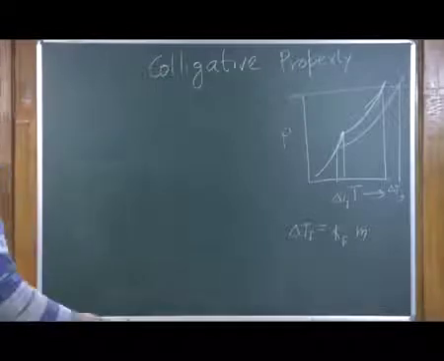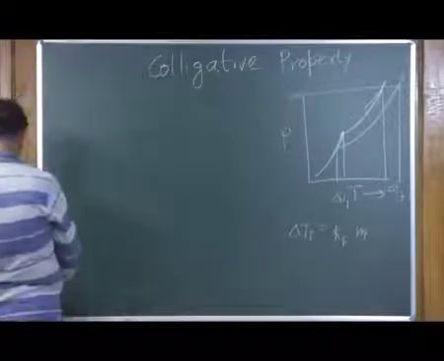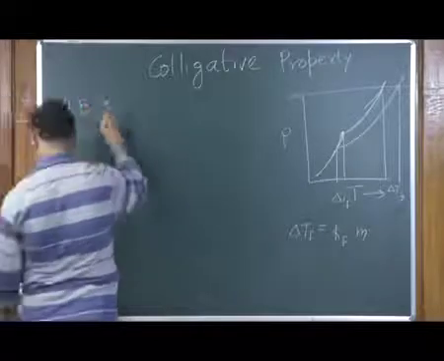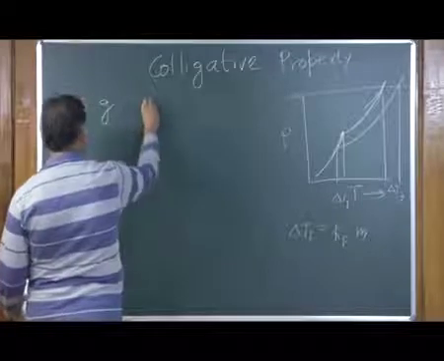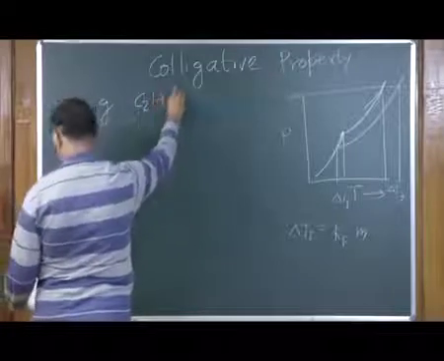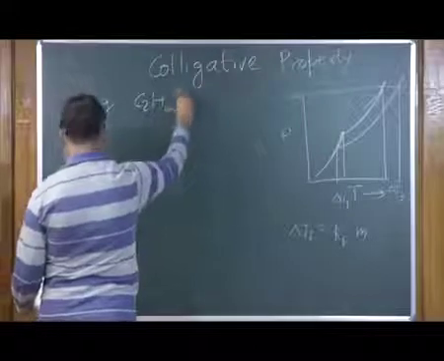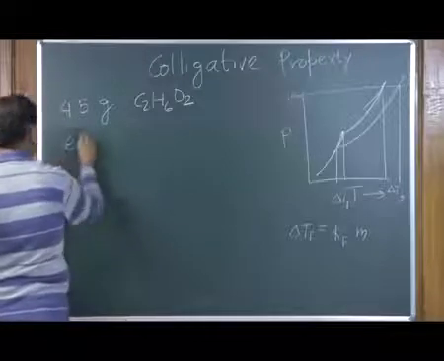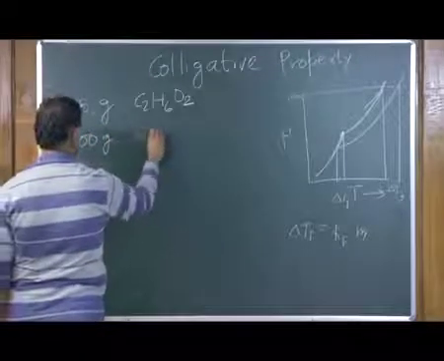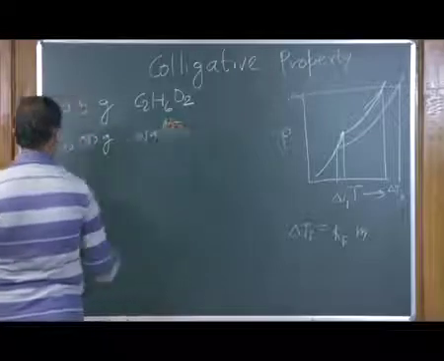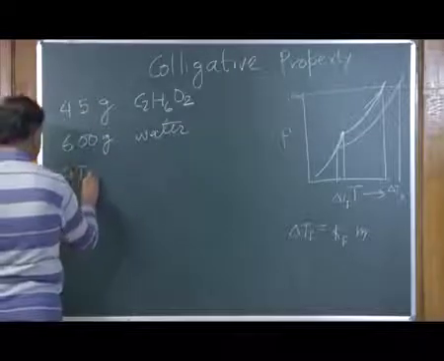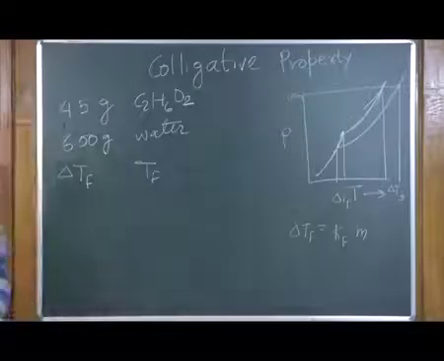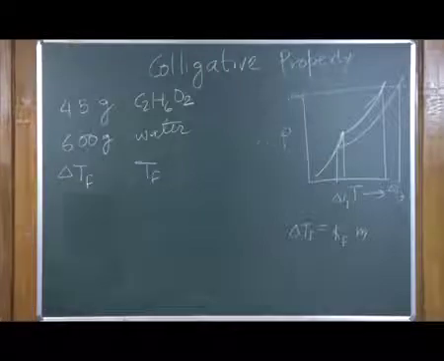So, we are dissolving 45 gram of ethylene glycol, that is C2H6O2, in 600 gram of water. He is asking for delta Tf and Tf, the change in the freezing point and what is going to be the freezing point of this solution.